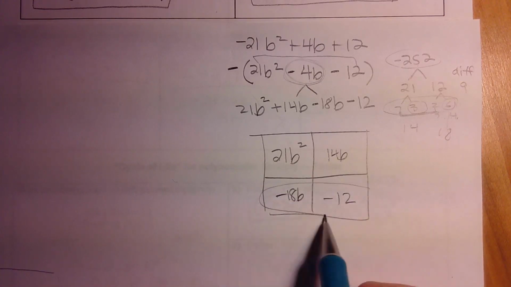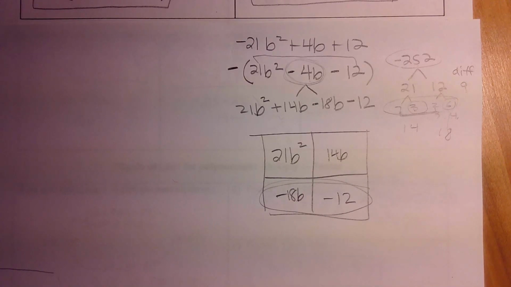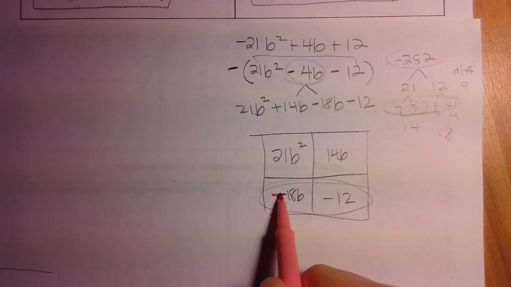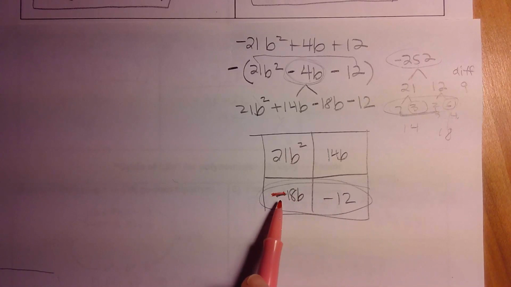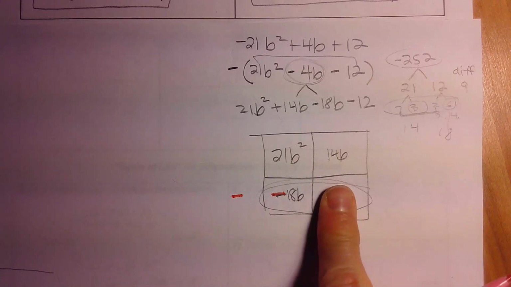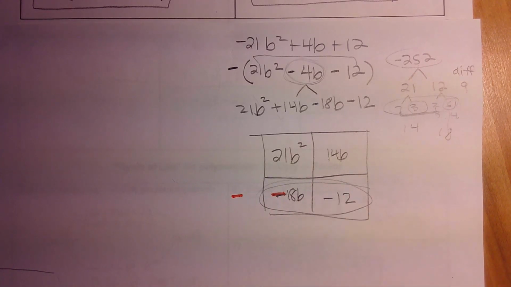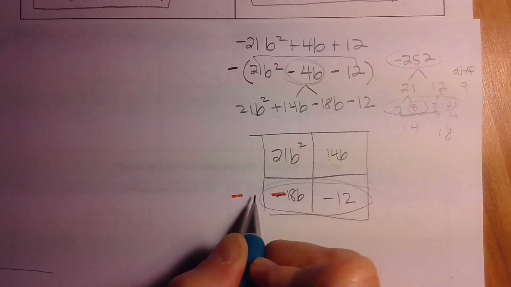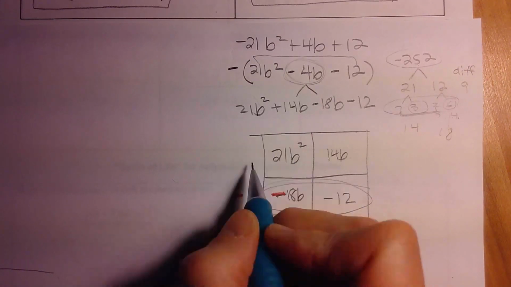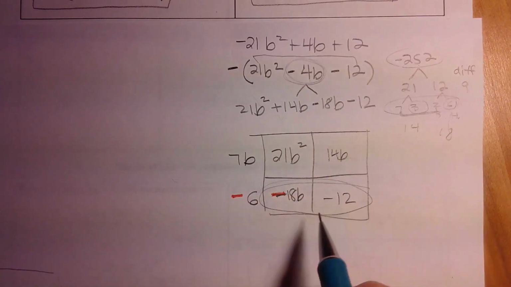Here's the other part that I don't like about the box method, and that is there's a little gimmick you have to remember with the signs. When the number in this box is negative, that's when you factor a negative out. This box has no bearing on it. So we'll be able to factor out a 6 here, and a 7b here.